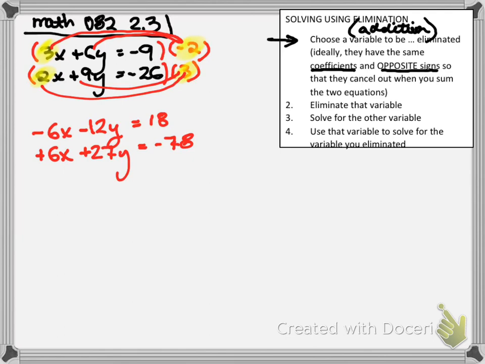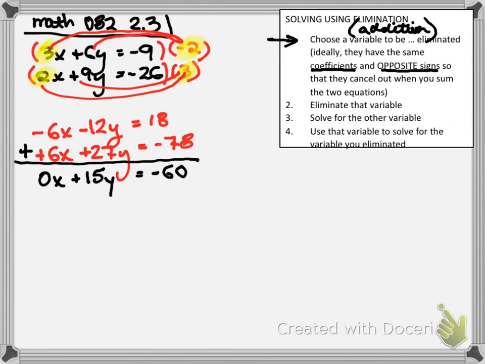Okay, so let's go ahead and see if we can add through, and let's see what happens. So this should give us 0x, which was the whole point of going through all this work. This should give us 15y, and this should give us -60.